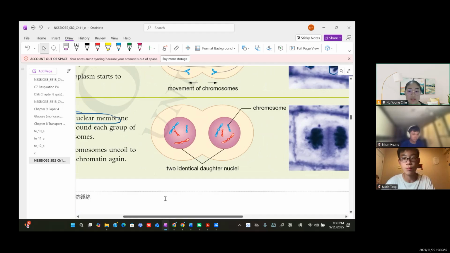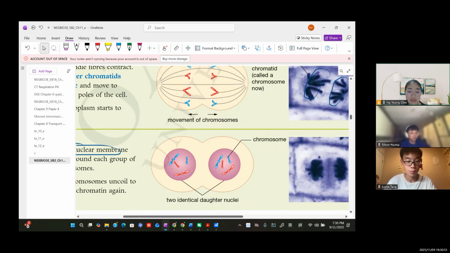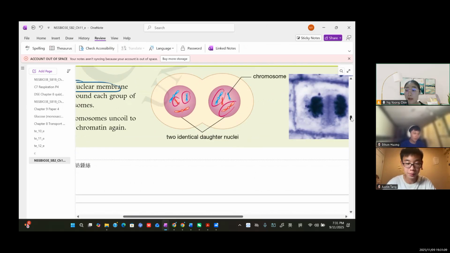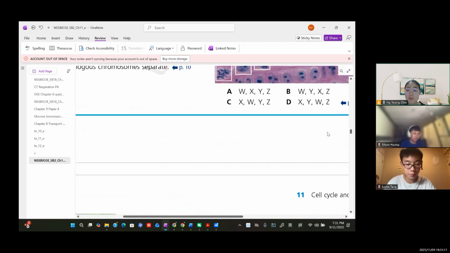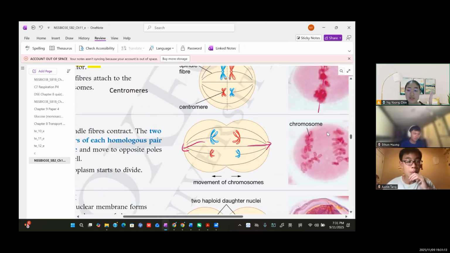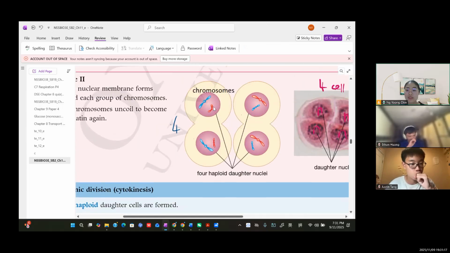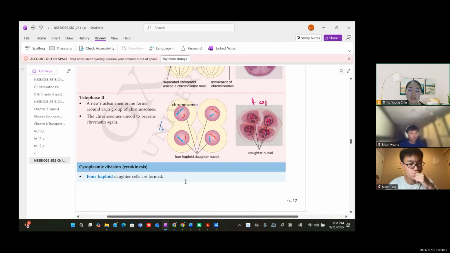Okay, so you can see this is in the mitosis, right? In the mitosis, each of the chromosomes has 2 sets, like this, 2 sets. But in the meiosis, each chromosome only has 1 set, just one single set. Yeah, like this, 1 set. So that's the difference.